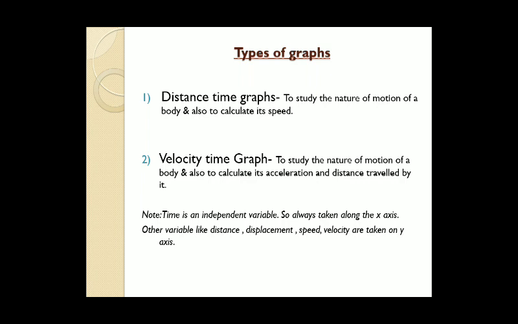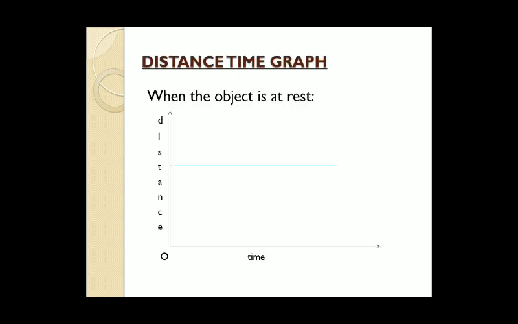So today in the distance time graph, we will be learning about three cases: when the object is at rest, second, when the object is moving with a uniform speed, and third, when the object is moving with a non-uniform speed. Let us see this graph.